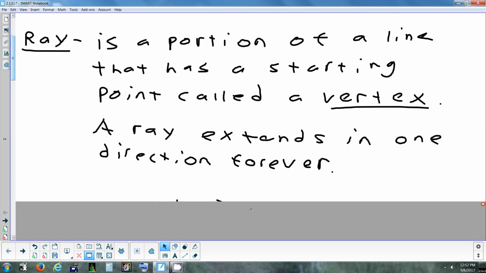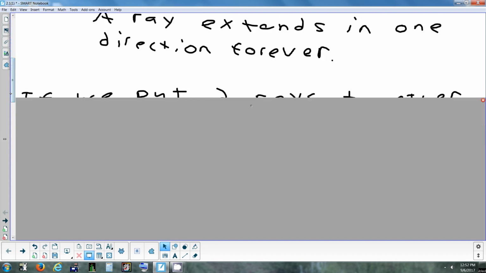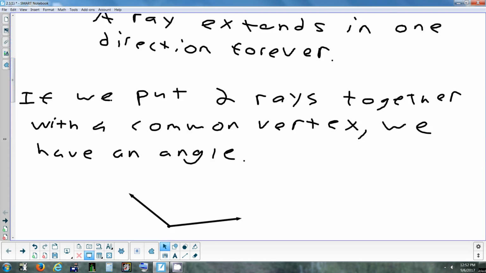Now, if you take two rays and put them together, so they have a common vertex, common starting point, that's how you create an angle. So I've got two rays, separate like that. They're just two rays. They're nothing special.